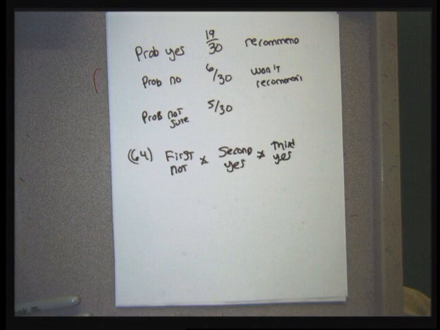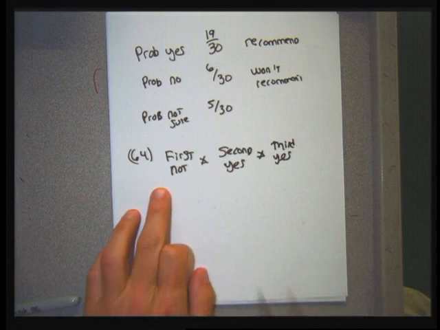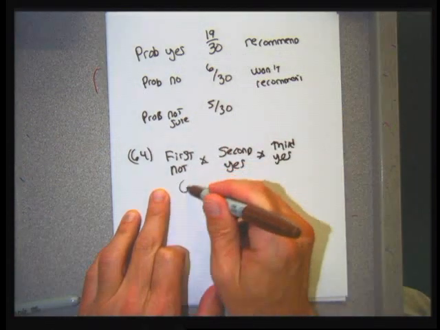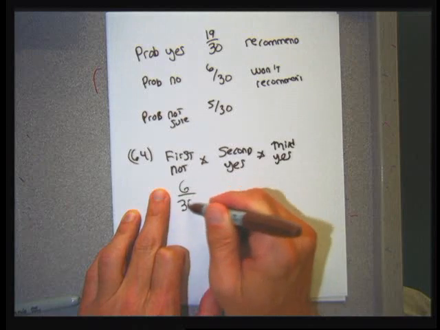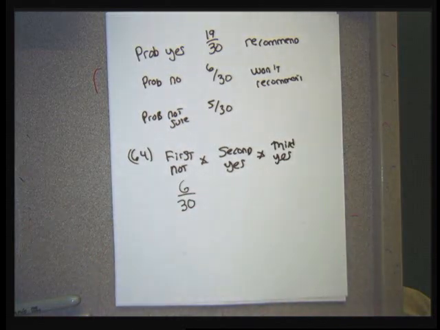And I have to be careful here, because in this particular problem, I'm picking from this group of 30, and the first one, if she didn't recommend, the probability is 6 in 30. So there's a 6 in 30 chance that I pick a woman that didn't recommend. I'm picking just from this group of 30 women.